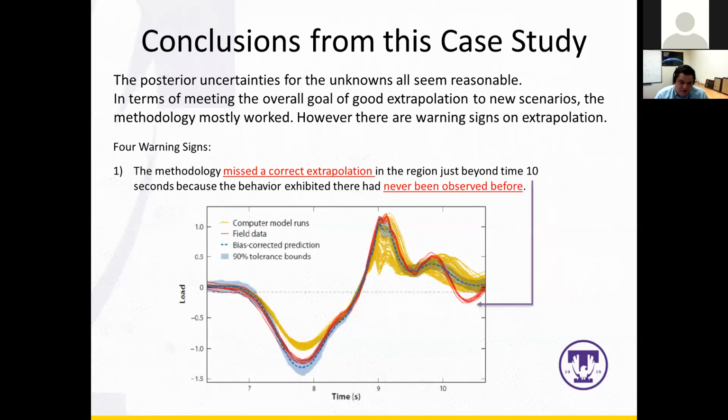So the warning signs as you go through the extrapolation, the big one is at time 10, there was a phenomenon we had not observed with Vehicle 1. We didn't get the second bounce with Vehicle 1. Since we had not observed that second bounce, the model wasn't tuned to it. The model couldn't predict it.